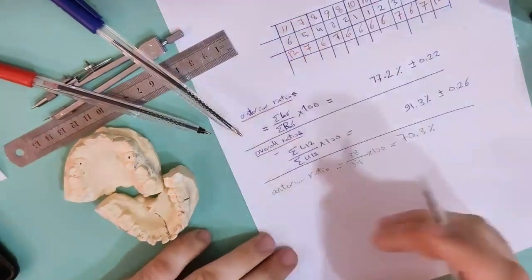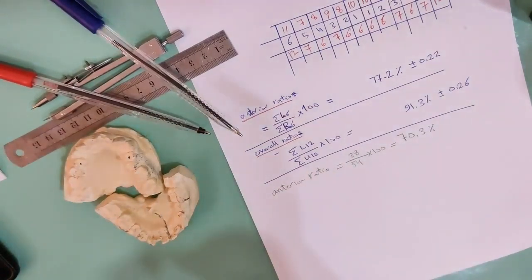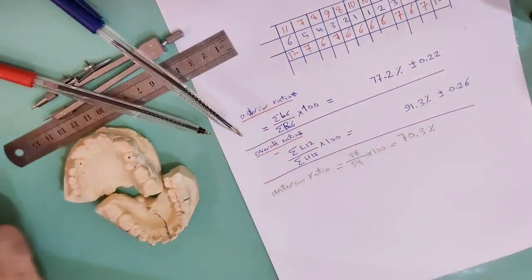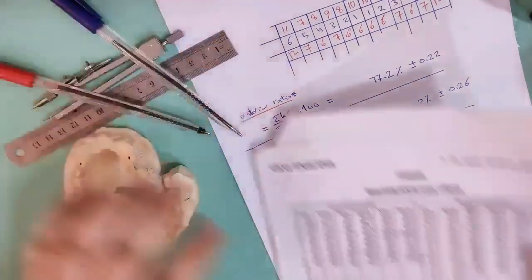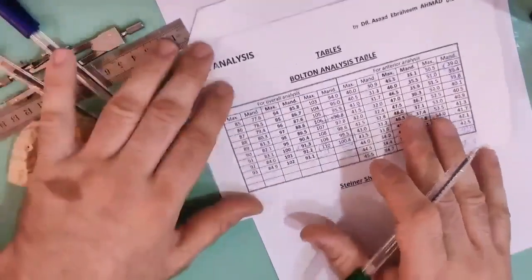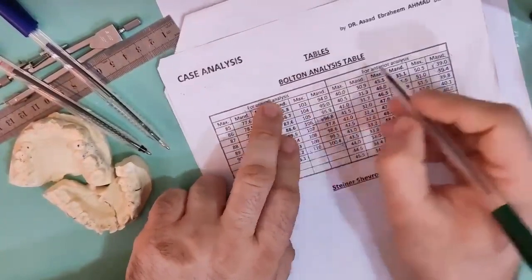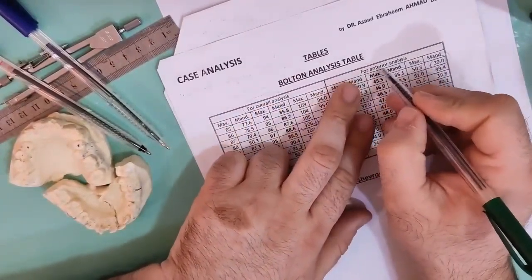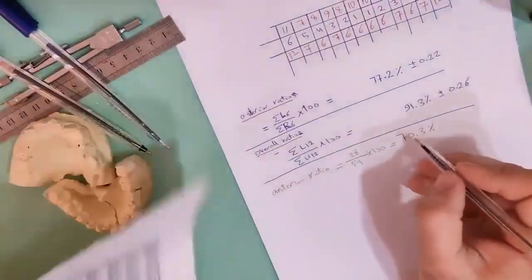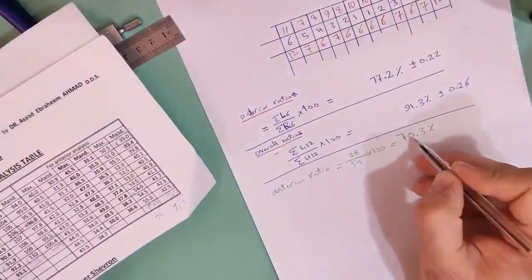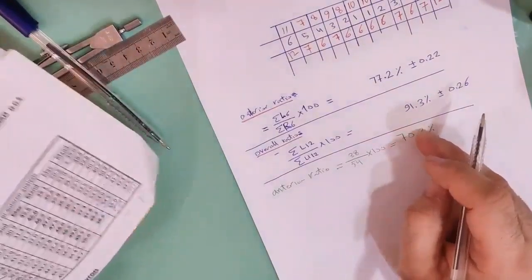How to find the excess volume? We have here a table for the overall analysis and for the anterior analysis. We have 70.3, so it's less than 77.2.